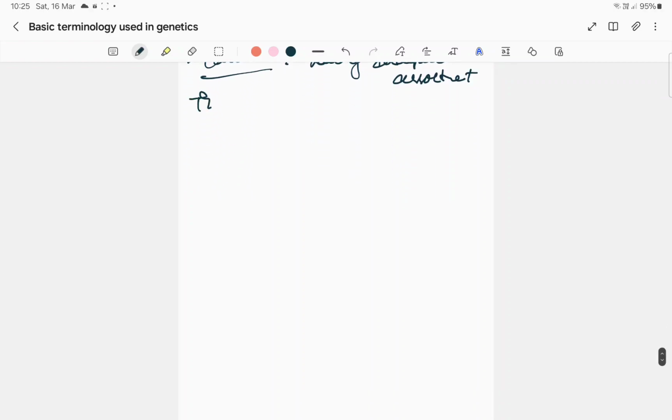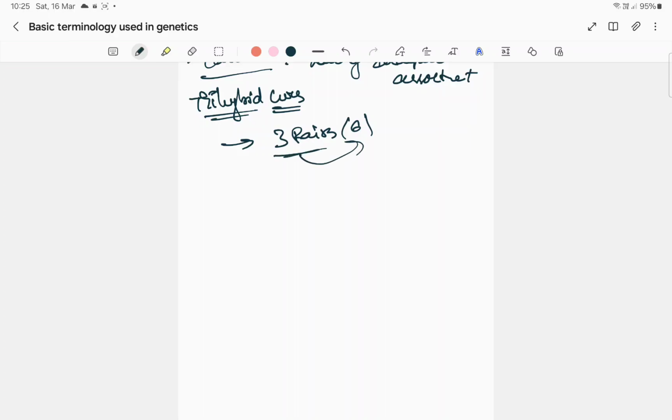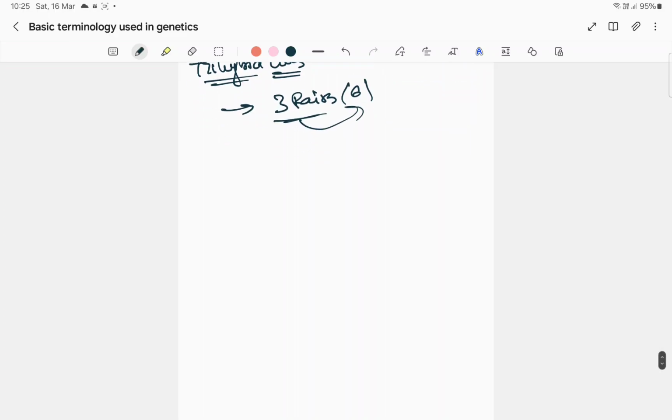And trihybrid cross. It is a study of inheritance between three pairs of contrasting characters, which means six alleles of the characters. Then it is said to be the trihybrid cross.